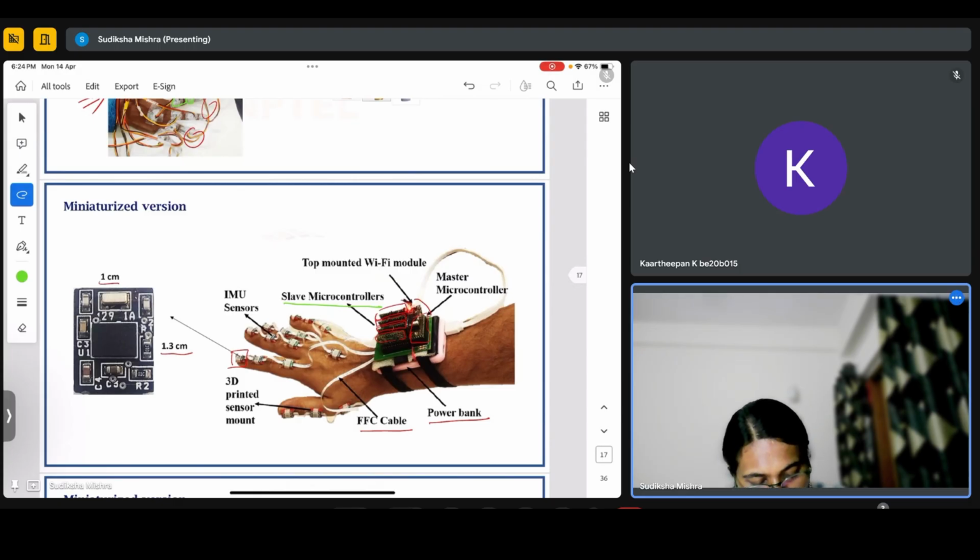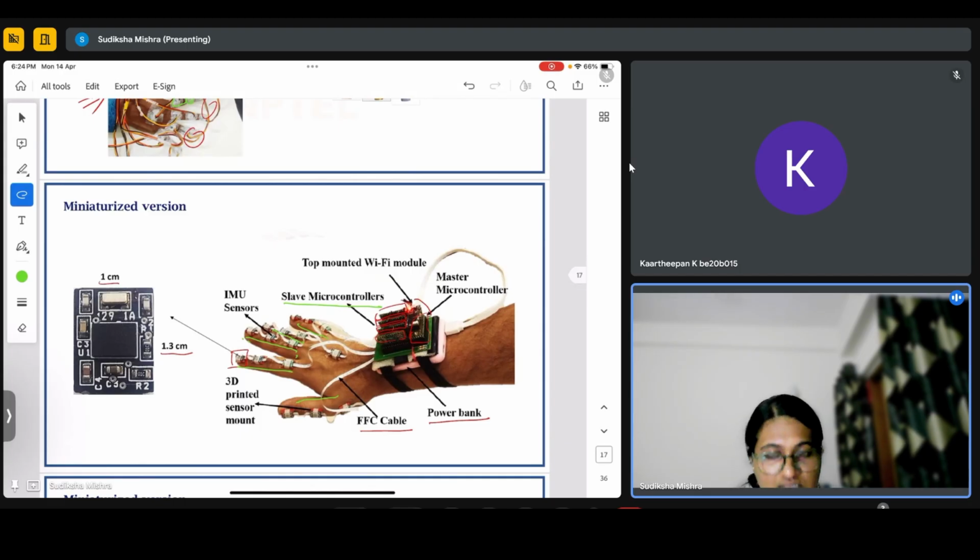There are still 16 IMU sensors. It's just that the middle finger's sensors are directly connected to the master microcontroller, whereas each of the other digits are connected to slave microcontrollers.